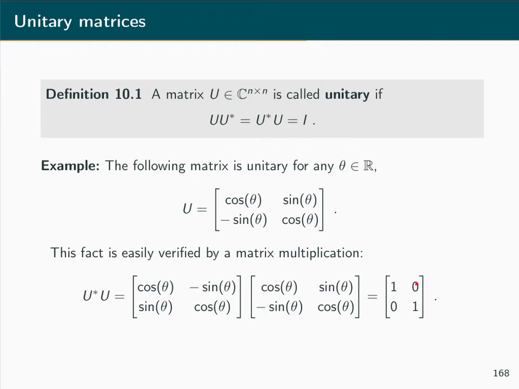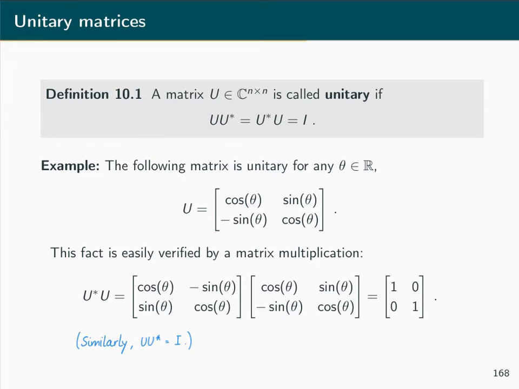And for the non-diagonal elements, all terms cancel to 0. In the same way, we can show that also U U star is equal to identity as required by definition 10.1.